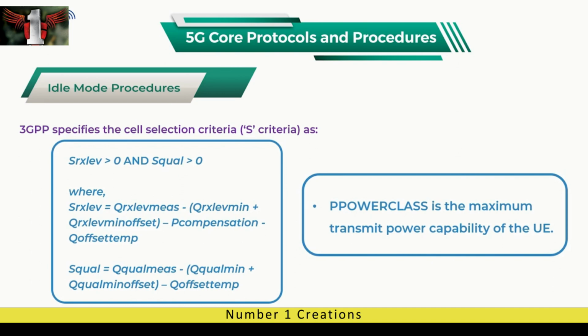It is assumed that the value of QRX level minimum has been configured based upon a UE transmit power equal to PEMAX1.